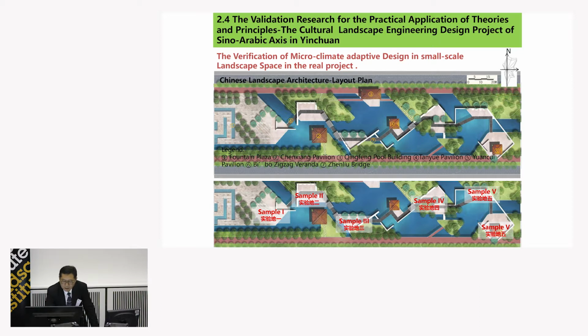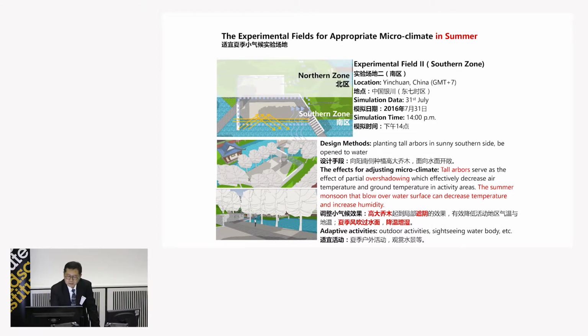So this is a part of that plan. This is a Chinese landscape garden, and this is a sample. We selected 6 samples here, and this is one of the samples.